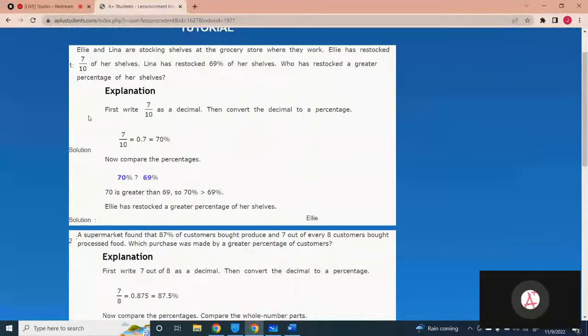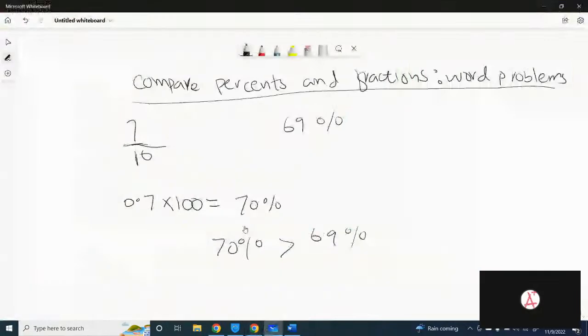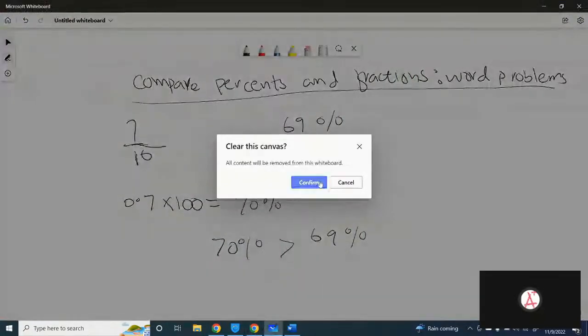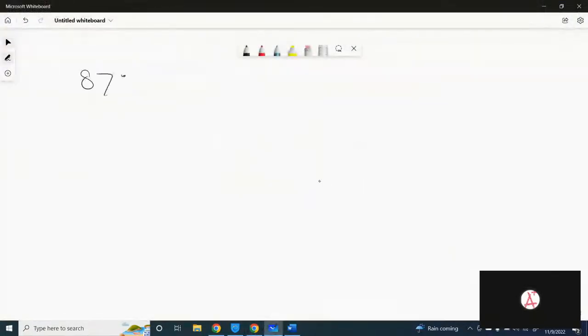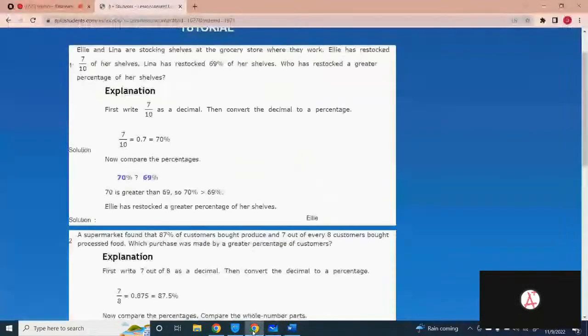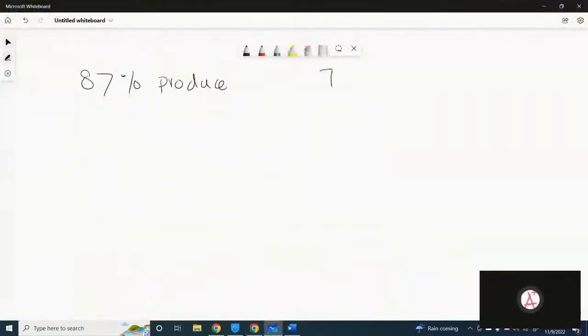Okay, 87% of customers bought produce, and 7 out of 8, that means in fractional form it is 7 by 8, bought processed food. Got it? So 7 over 8 bought processed food.